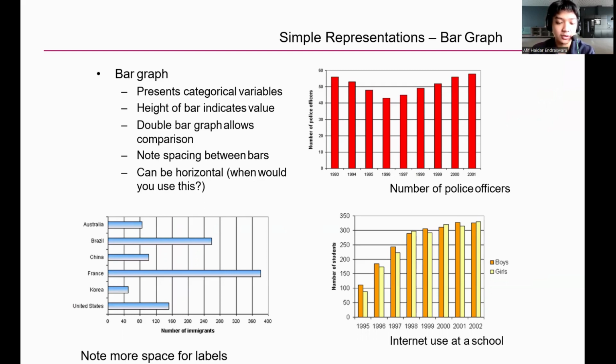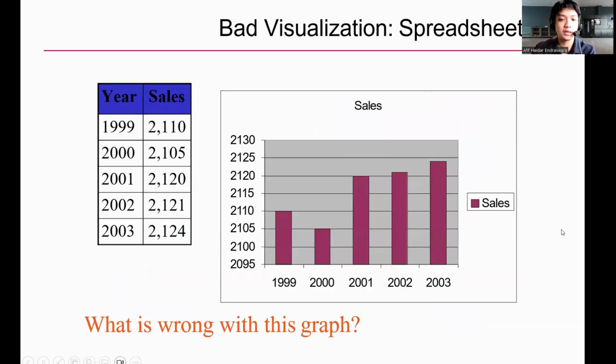In this case, we can also see the number of immigrants on the bottom left and also internet use at school by gender. They provide information that the readers can actually see clearly, because they can see the denominator greater than with other types of data visualization.